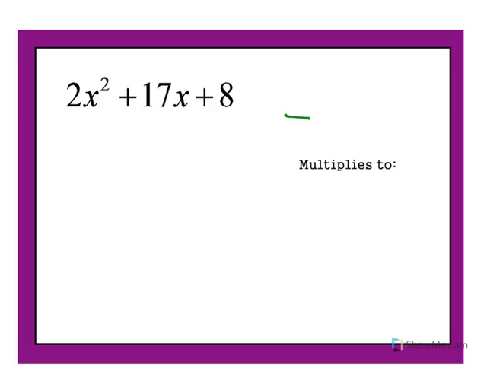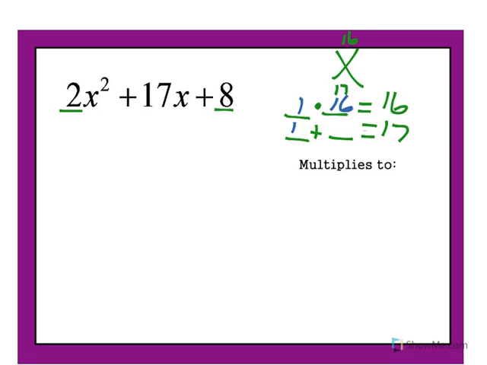We need to find two numbers that multiply to a times c, which is 16. Those same two numbers must add to 17. If you are an X person, you're doing this. 2 that multiply to 16 that add to 17. Well, the two numbers would be 1 and 16, because 1 times 16 is 16, 1 plus 16 is 17.